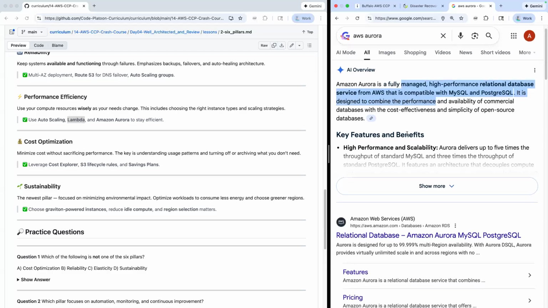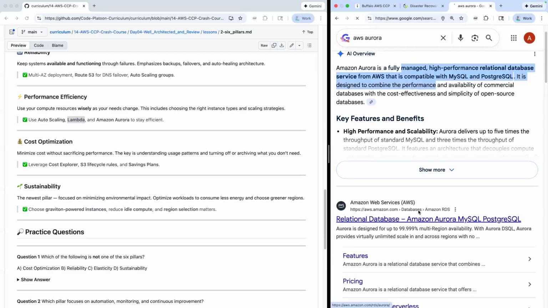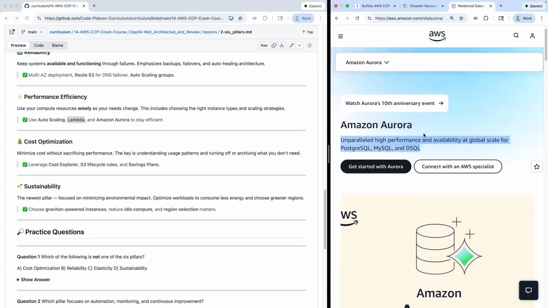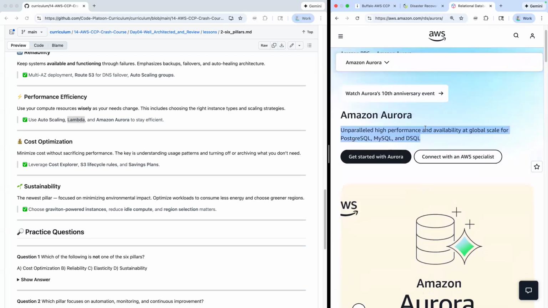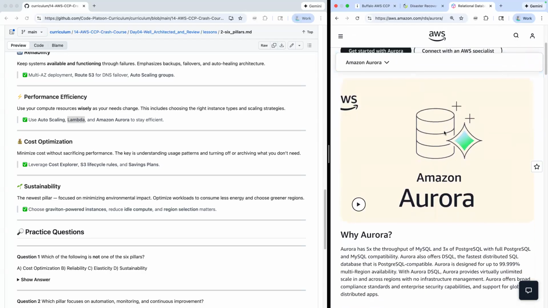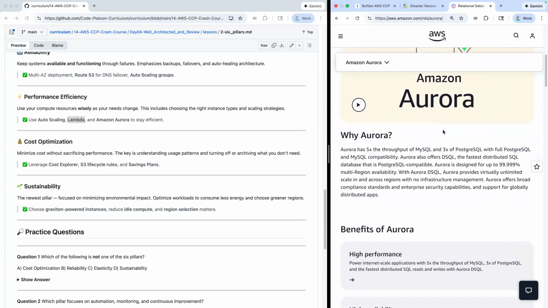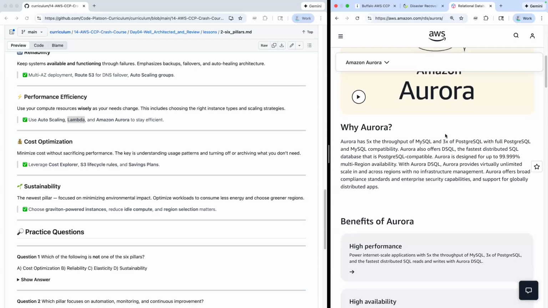Because Amazon created it, what Aurora provides, as it says here, is performance and availability at a global scale. So we haven't talked a lot about database clusters, but there's a lot that goes into scaling a database, like data duplication and things like that and backup across multiple regions.